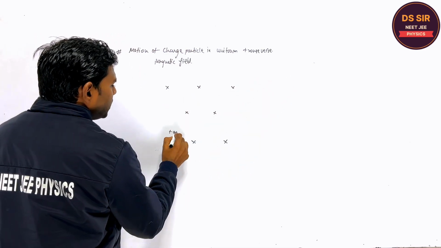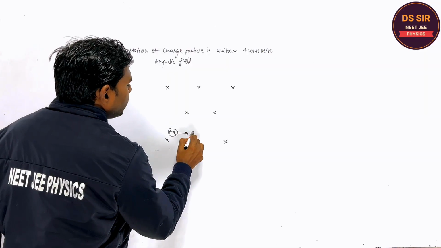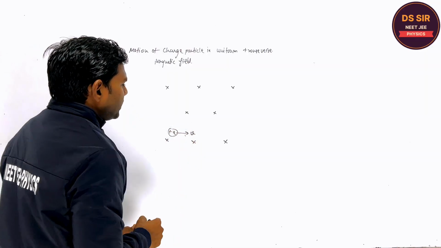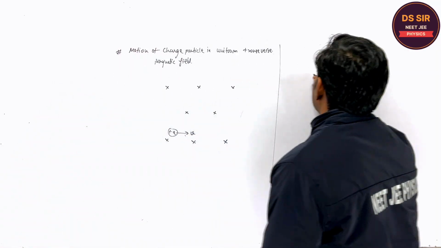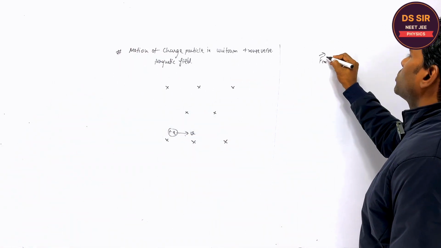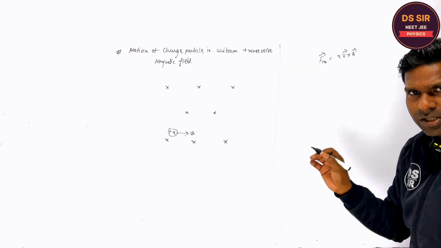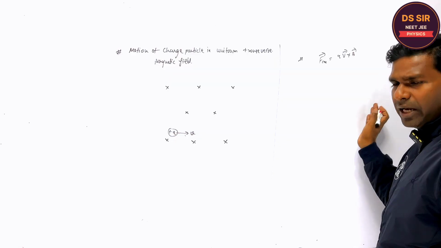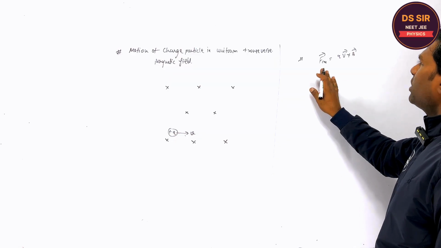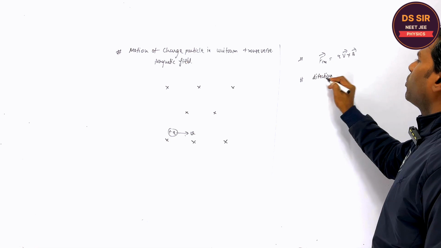Now suppose the plus q charge is there, and it starts moving with velocity v. Listen, the magnetic force is equal to qv cross b. The magnetic force is a vector quantity, and its direction you may write here on the left side. What is the direction of the magnetic force?